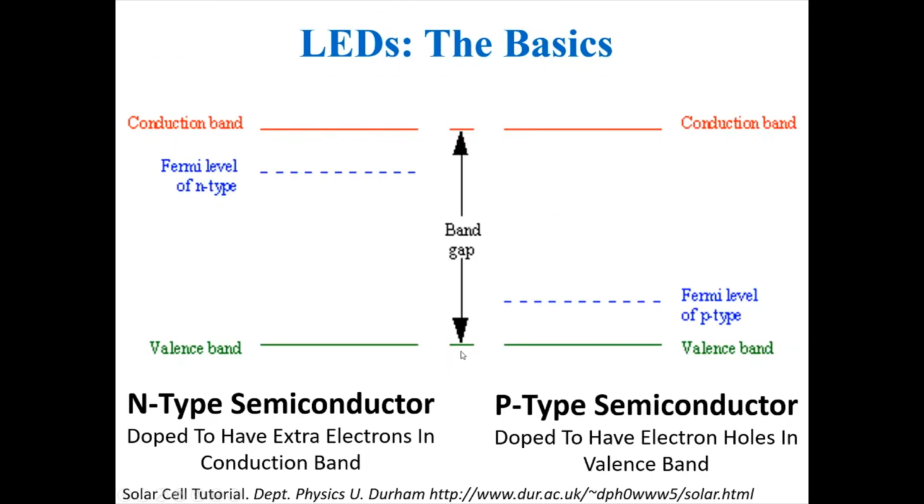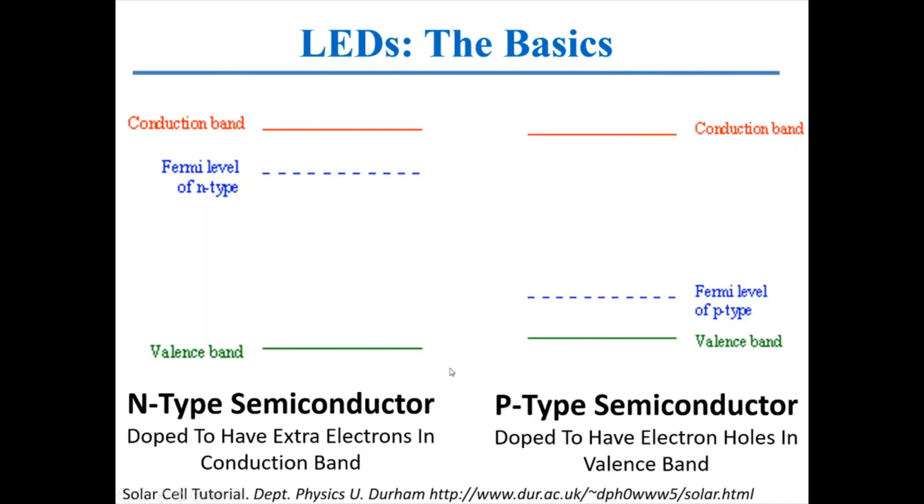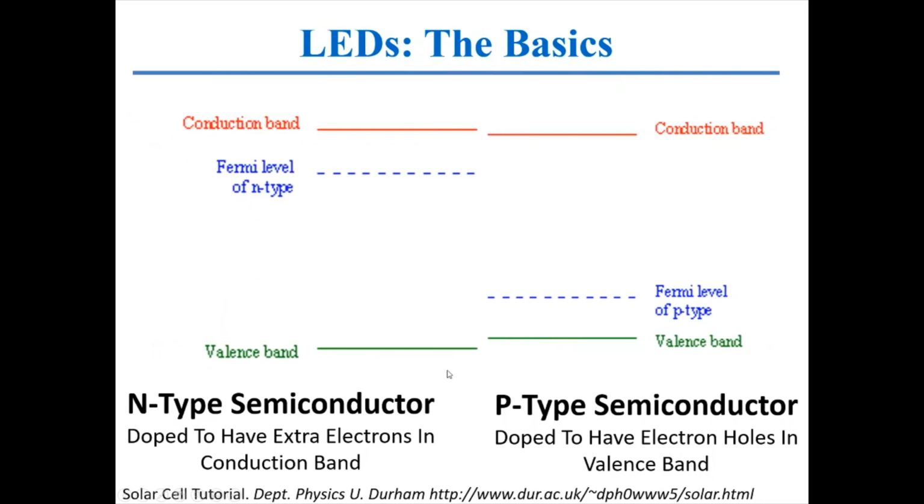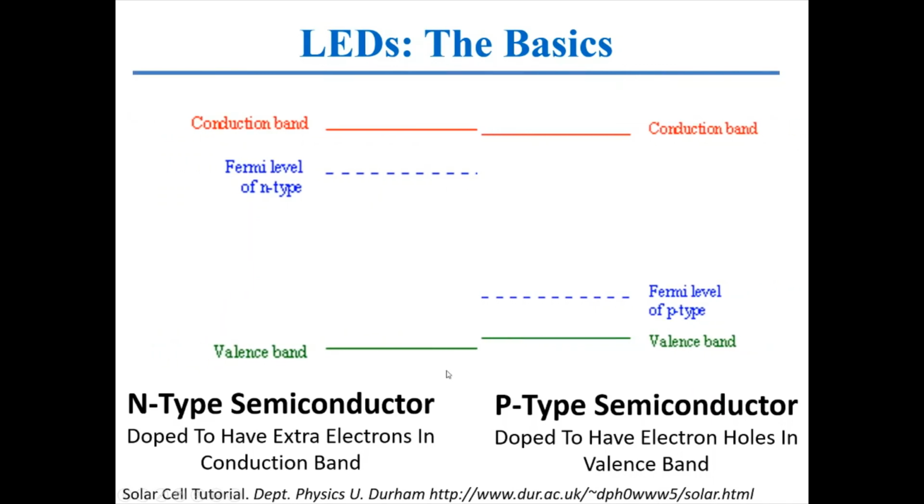So the way this basically works is we have to go back to our understanding of the N-type and the P-type. The N-type is doped to have states below the conduction band, and they have electrons in them. And the P-type is doped to have empty states right above the valence band. So to make an LED, we mush these two together. We take an N-type and a P-type and stick them together physically and connect them.